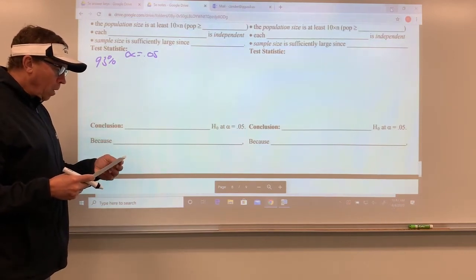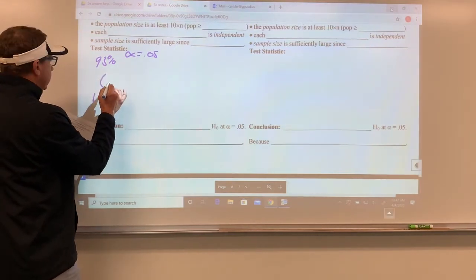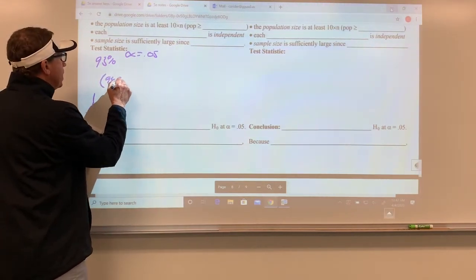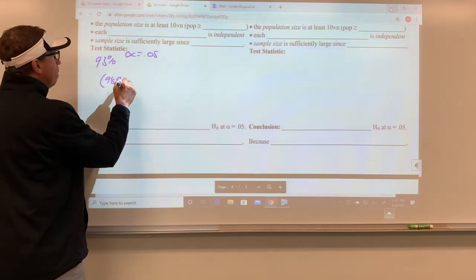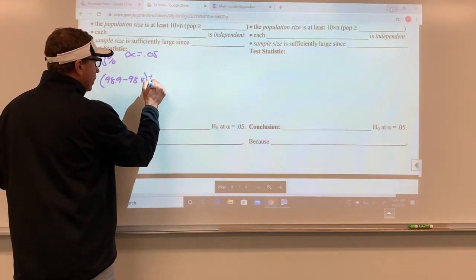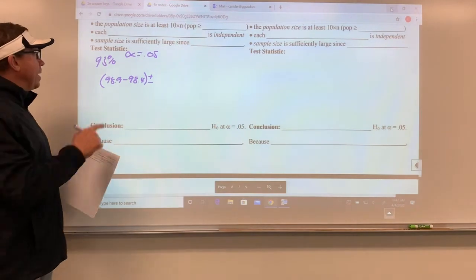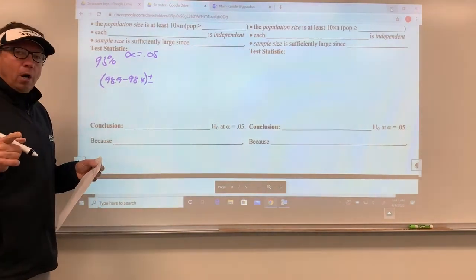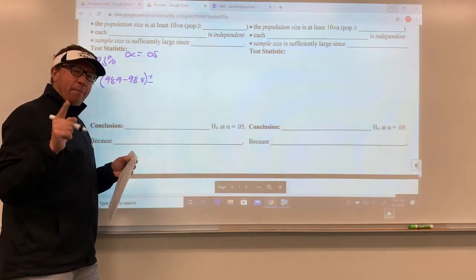All right, so I'm going to be writing down my statistic, which is 98.9 minus 98.4, plus or minus. I'm going to find 95% on my chart at degrees of freedom 30, because there isn't a degrees of freedom 31 on the chart.